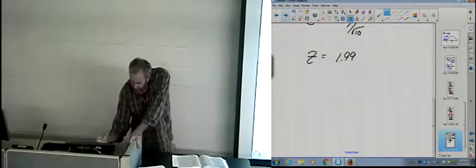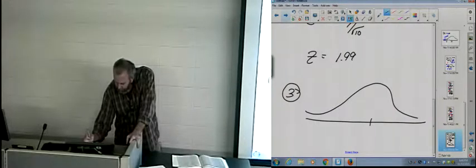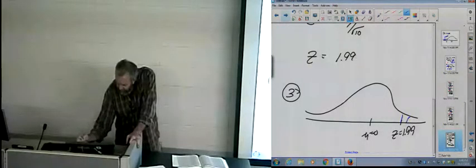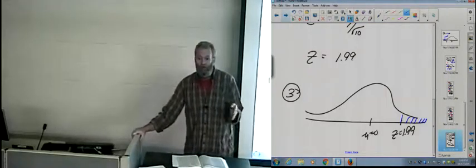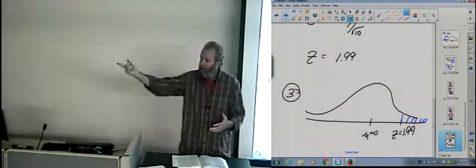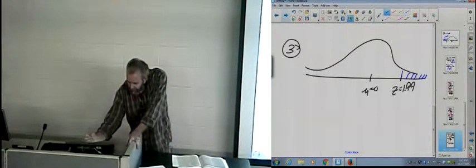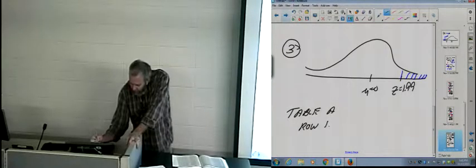Three, p-value. Standard normal. Here sits my z of 1.99. Does everybody understand why I'm going to shade to the right? It was a one-sided test. It told me mu was greater than 25, so look to the right there. Okay? So we're going to go to table A. We're going to go to the row that's 1.9, and the column is 0.09.